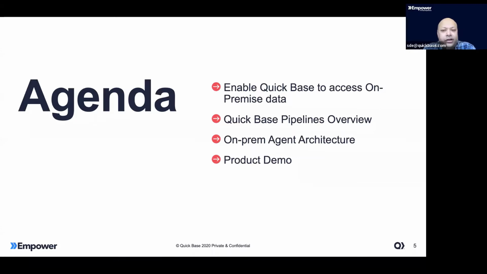Next, we are going to give you a brief overview of the QuickBase Pipelines for those of you who haven't had the chance to look at it. And then we are going to cover the on-prem agent architecture. That's the underpinnings that makes it possible for you to share your on-prem data. And then finally, we are going to go through the product demo.